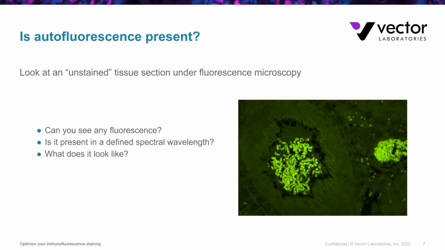What I mean by that is it's been simply cut on a microtome. It's been mounted onto a glass slide, and then you can just visualize that under a fluorescence microscope. And the question I've got here is, do you see any fluorescence? And if you do, well, then certainly that would be referred to as autofluorescence.